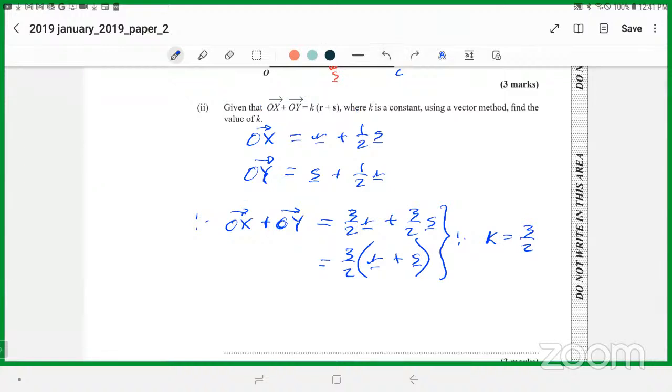When I add them, we get this first. But they don't have that. They have something factorized with the R plus S. The number to factorize is 3 over 2. So we factorize the 3 over 2, and we generate the R plus S. So where they have a K, I have a 3 over 2. So K equals 3 over 2. Simple as that.